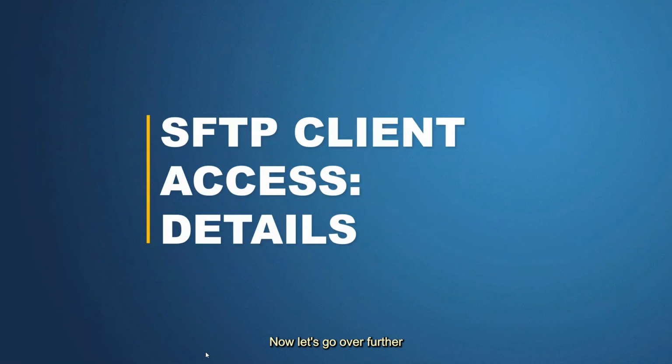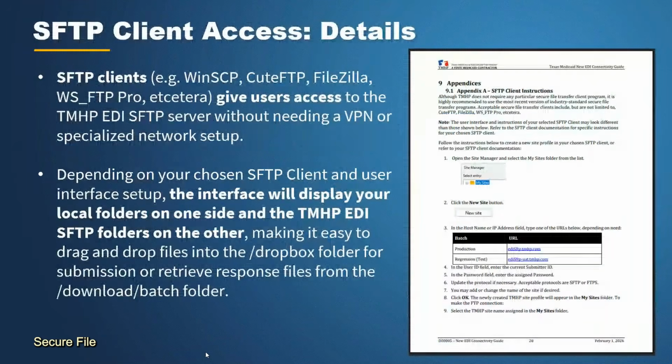Now, let's go over further details for SFTP client access. Secure File Transfer Protocol software, known as SFTP clients, give users access to the TMHP EDI SFTP server without needing a VPN or specialized network setup.